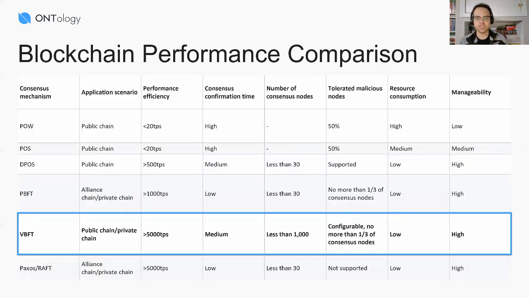For a performance comparison, we use the VBFT consensus mechanism, which gives us very high performance efficiency, over 5,000 transactions per second, with a medium confirmation time for our consensus. Essentially, 5,000 transactions per second helps us do many transactions very quickly on the network.